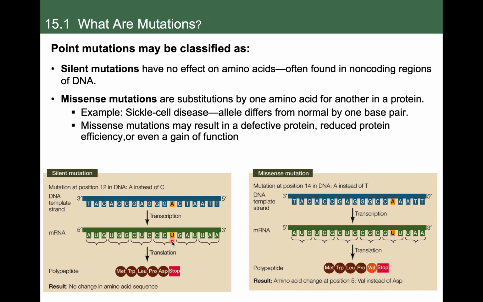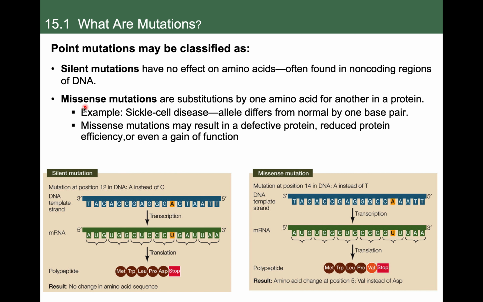That gets carried to the messenger RNA through transcription, but it didn't actually change the amino acid coded for by this particular codon. So our protein is the same as it was originally. It's completely silent. Protein is totally normal and fine and functional.